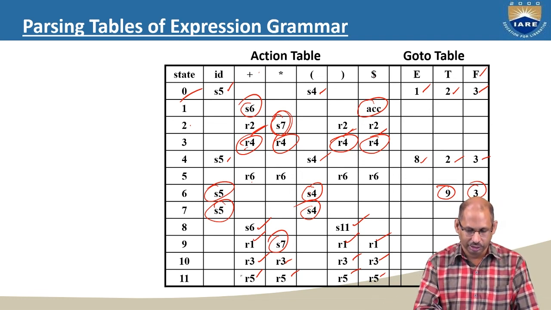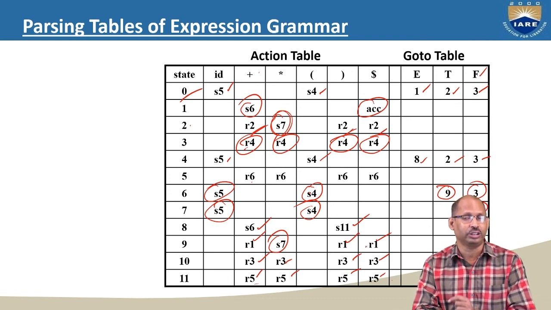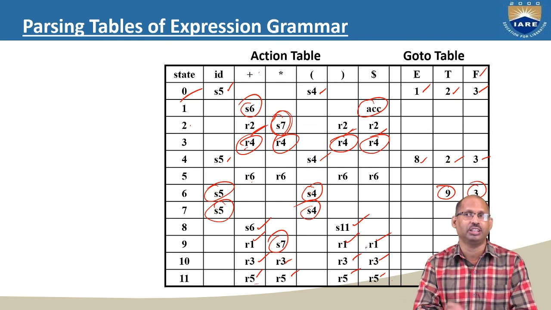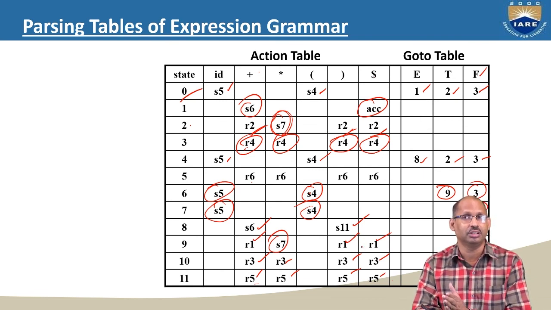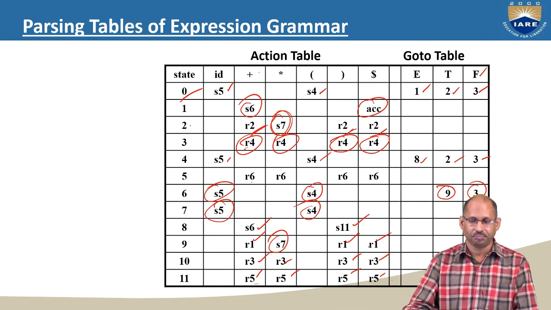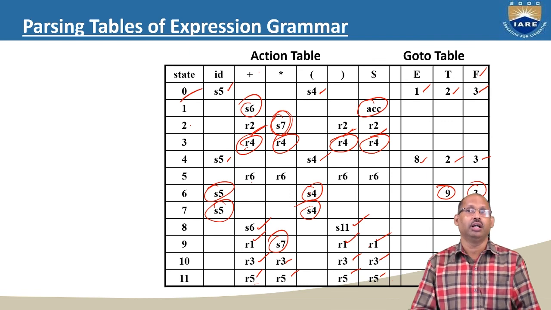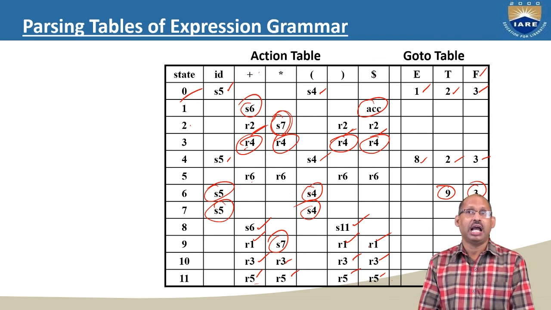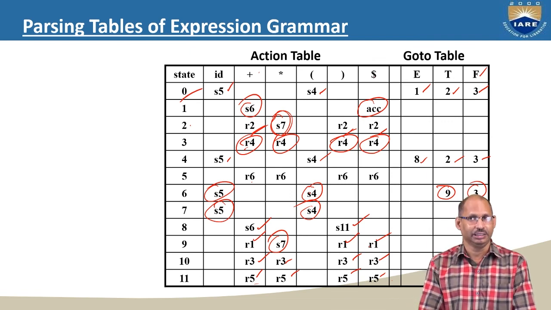R indicates reduce the production number, for example reduce production 1, 3, 5, 6. S5 is shift and go to the next state 5. So this is the construction of the SLR parsing table.